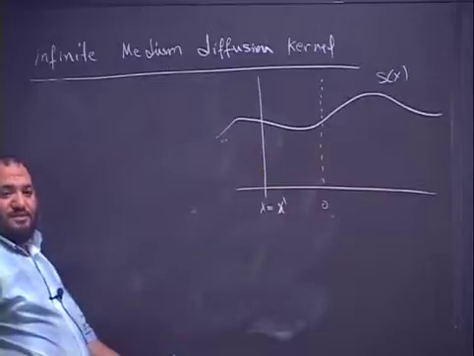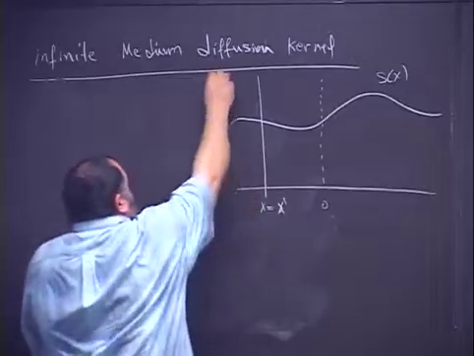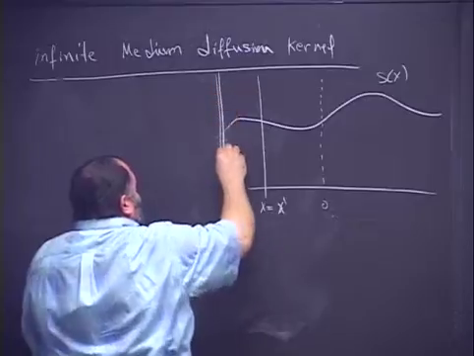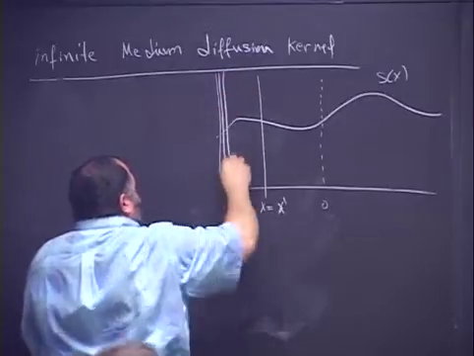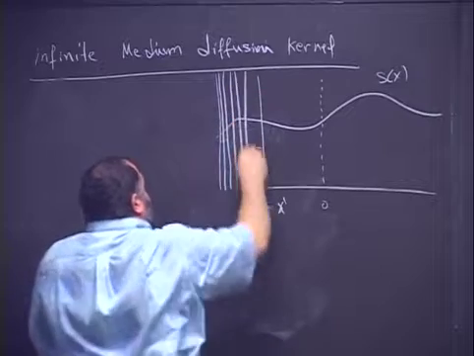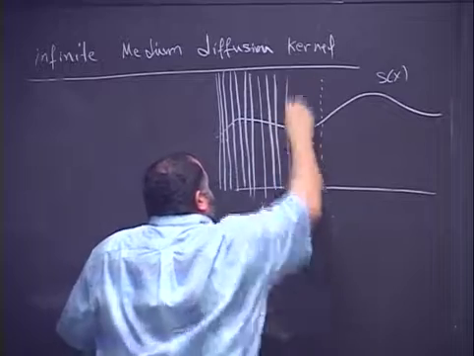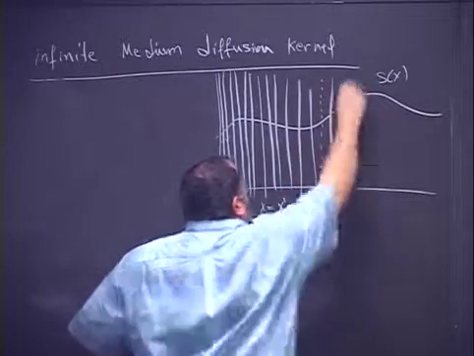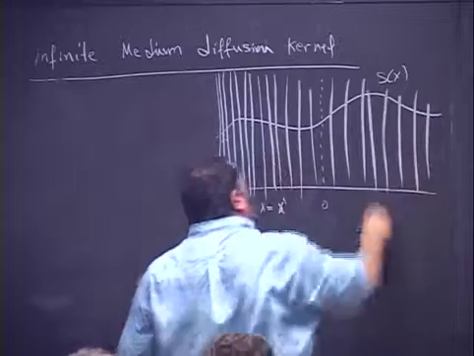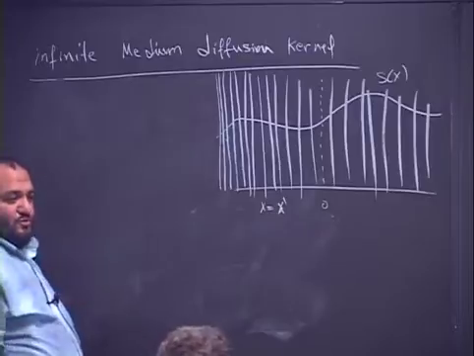In principle, I can chop this source into infinitely many plane sources, and then I can use the kernel to calculate the flux because of this source distribution.